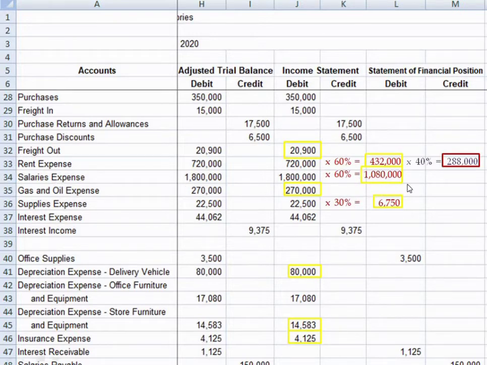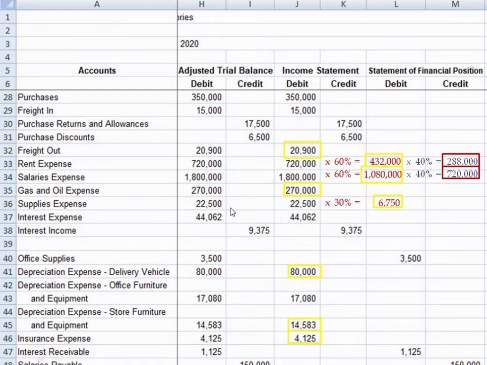Salaries expense, 40% also pertains to administrative expenses. 40% of 1,800,000. Okay? Not 40% of 1,080,000. But 40% of this total salaries expense amounting to 1,800,000 equals 720,000.